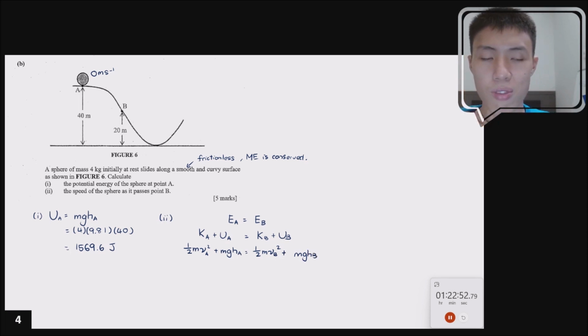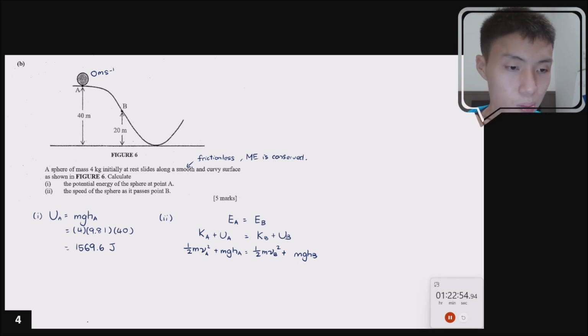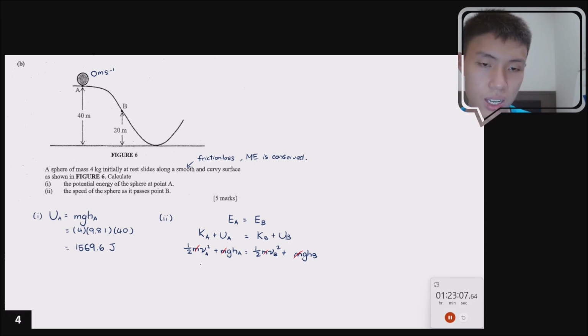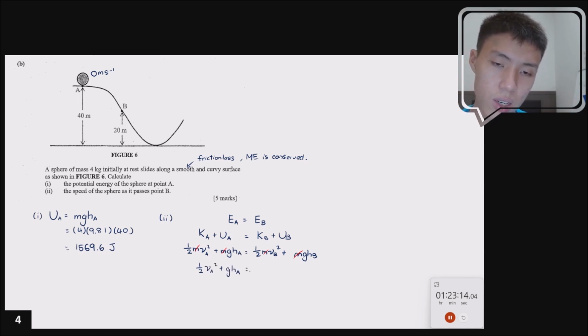Before we put in our values, we can see that all these terms have mass, so we can cross out the mass. Our equation is now half VA squared plus gHA equals half VB squared plus gHB.